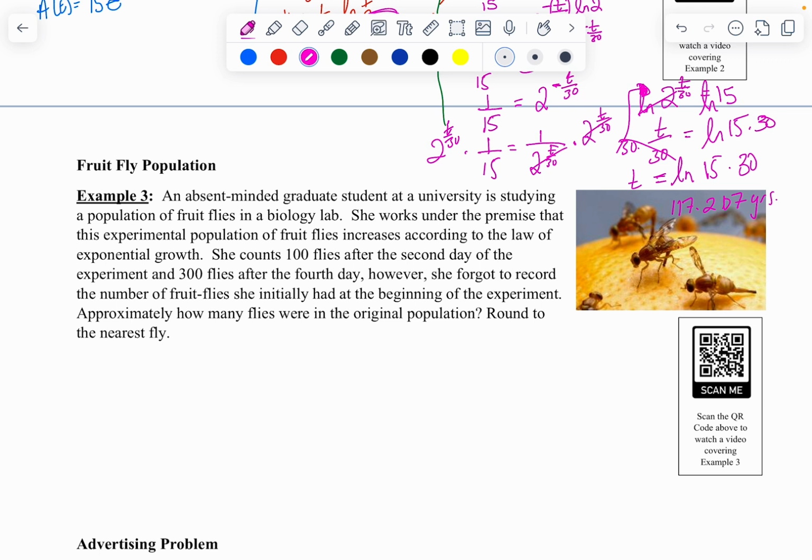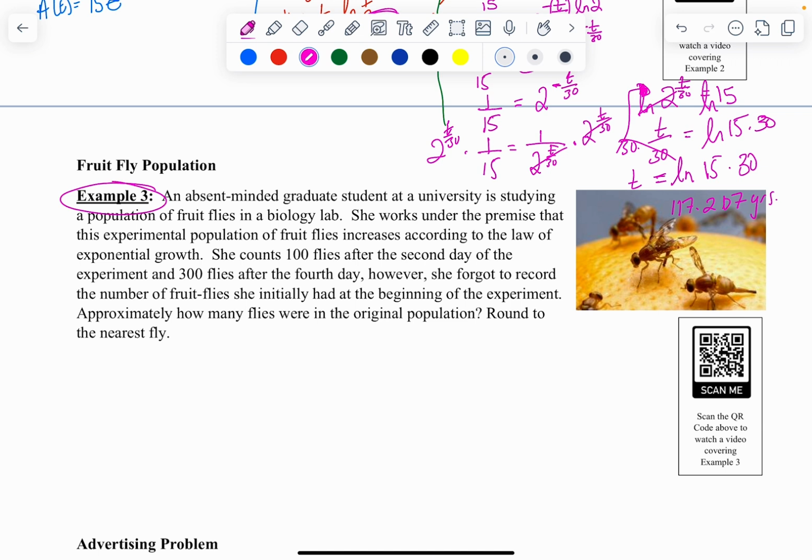All right, example 3, you've got your fruit fly population. I'm going to let you guys work on this one. So they do give you, this is not going to be a half-life number, but an absent-minded graduate student at the university studying the population of fruit flies.